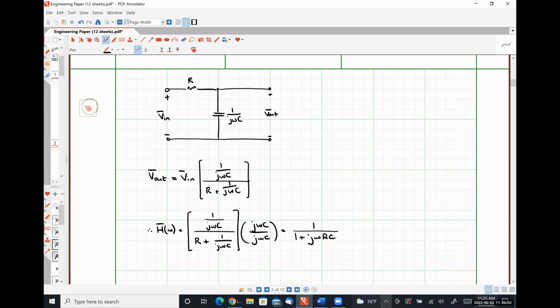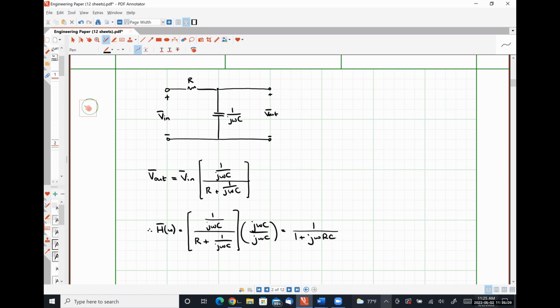Now, at this point, we might be able to infer what type of filter this is. But I'm going to take this a step further, okay? So that we can really directly see what's happening, all right? So our transfer function here is a complex number in and of itself, right?